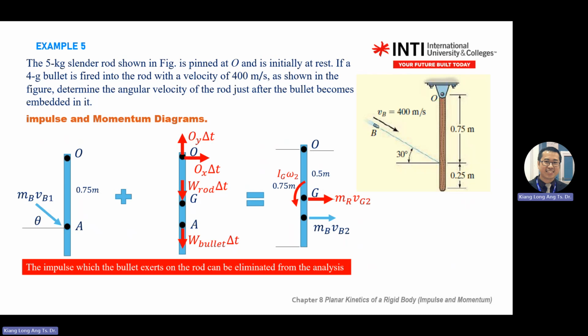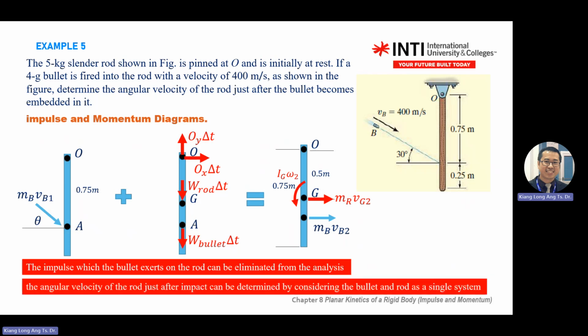In this one, because the bullet is very, very small, you can eliminate it from the analysis. After that, because it's embedded, you can see it as a single system.